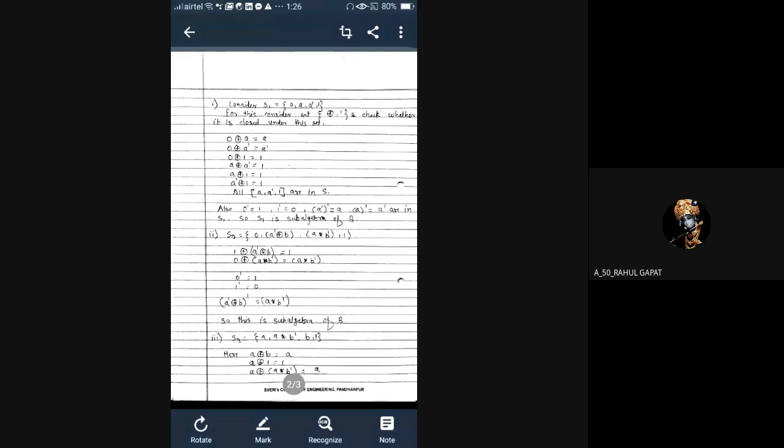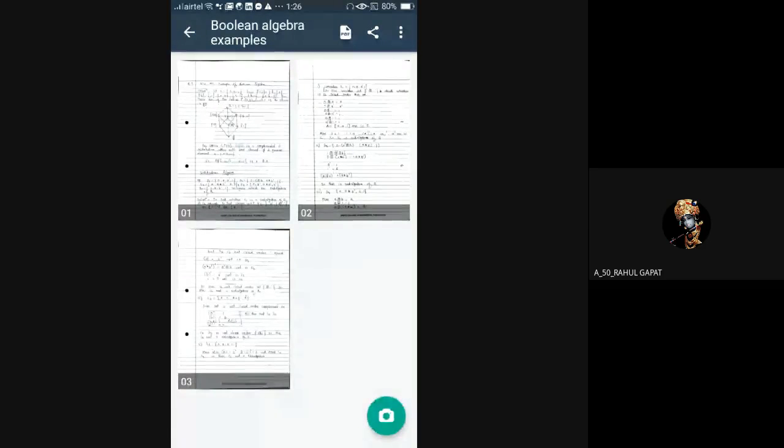So for that purpose, I have considered the first 2 elements as 0 and A. Now apply XOR operation on these 2 elements. So 0 XOR A, the answer for this operation is A. For that purpose, you can take that diagram for reference.